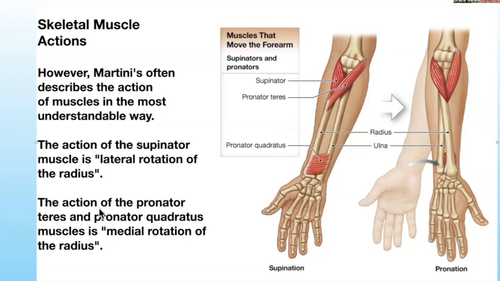The action of the pronator teres and pronator quadratus muscles can be described as medial rotation of the radius. Notice we're describing the bone's movement, not the action of these muscles on a joint, but rather on a bone. So different language is sometimes used, just roll with it.